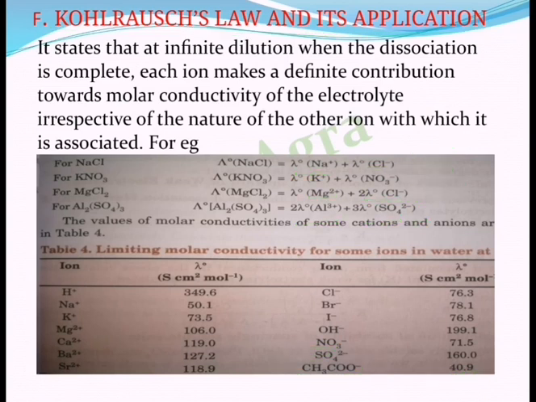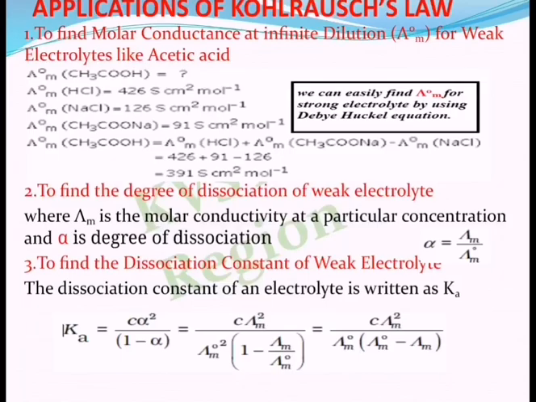Okay, now the next slide, that is the application of Kohlrausch law. Very important from the examination and competition point of view. Definitely you will get numericals from this topic. As in the previous slide we saw the graph of a strong and weak electrolyte, how the molar conductivity varies when we change the concentration.